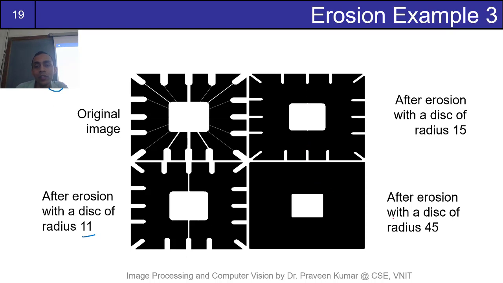And if you increase the radius further, even these pins have been eliminated. So depending on what you want to remove from here, you can choose the size of the structuring element appropriately. If you repeat the erosion operation, if you iterate it more number of times, more erosion will happen. Or you can directly use a larger size structuring element and do it just once.